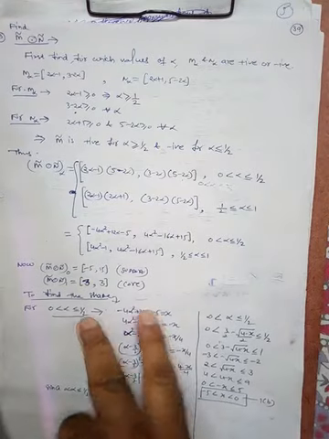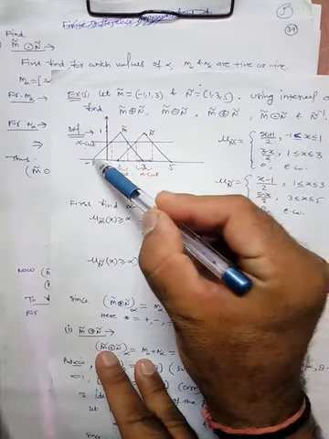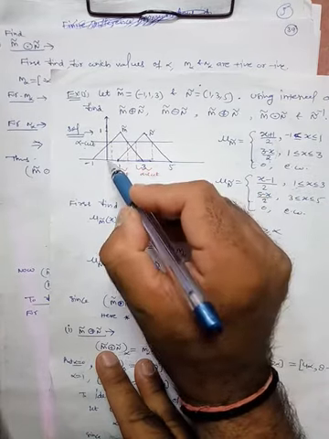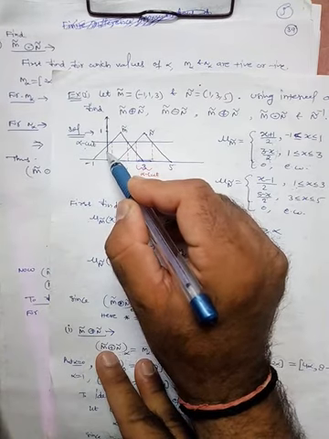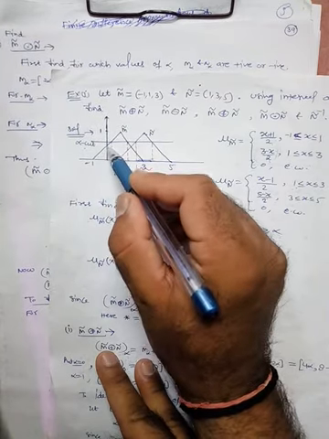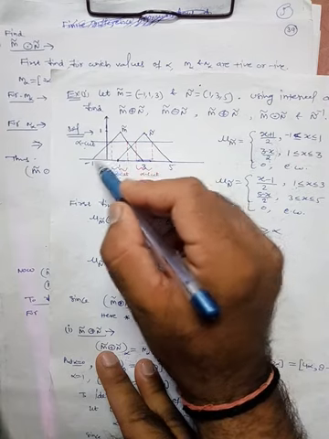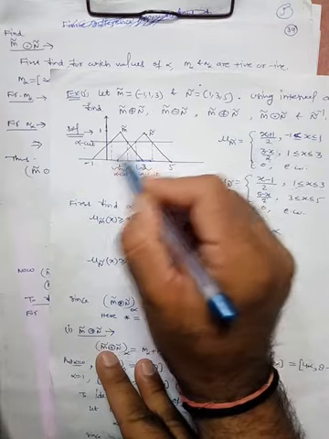From the graph, you can observe this part is the negative part, and this point is alpha equal to half. So when alpha is less than half, this number is basically the negative part, and after this m is the positive part.